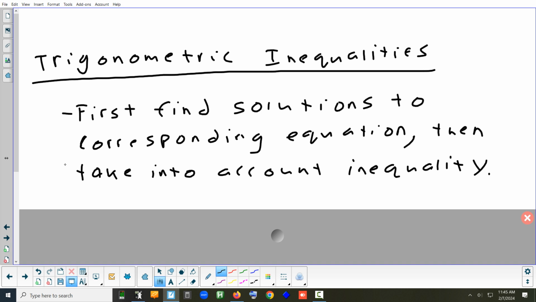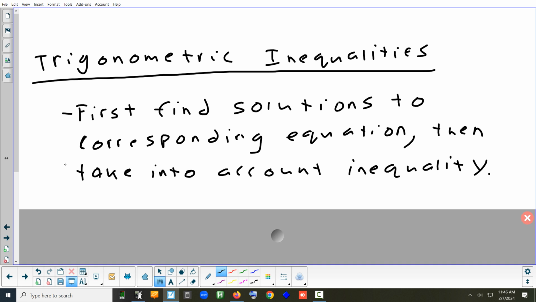Your answer is usually a compound inequality, x between two numbers.